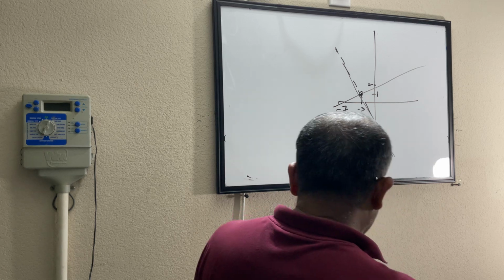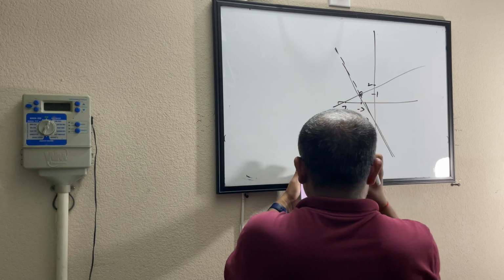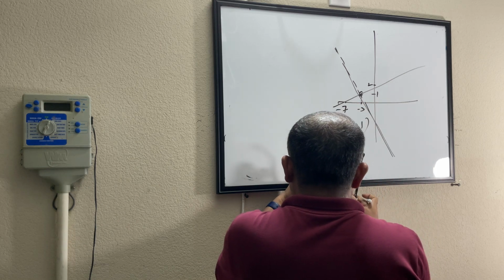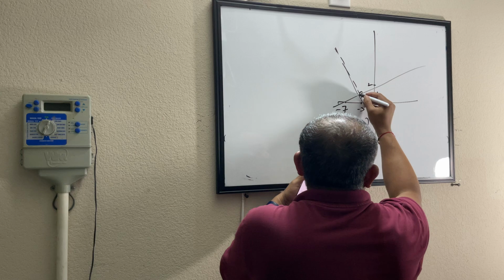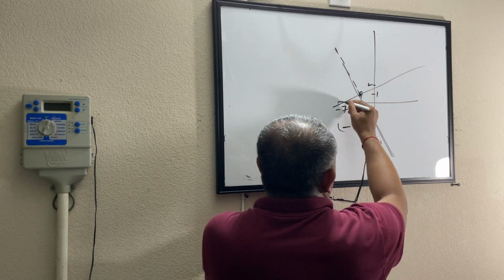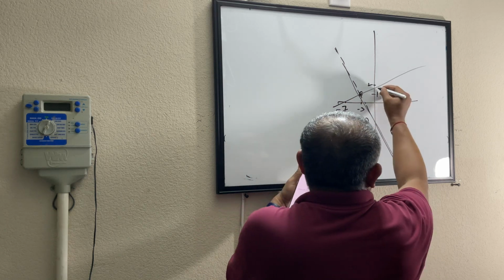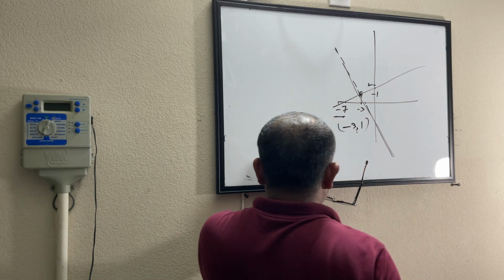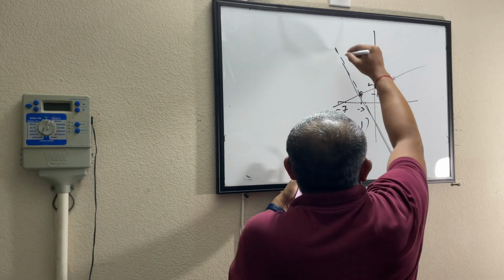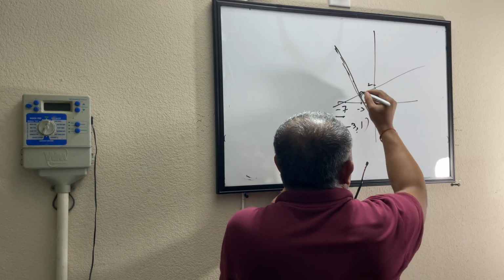So we have this line which is going from this point -3, 1, and it touches the x-axis at -7 and the y-axis at a little below 2, and we have been asked to find out the equation of the line that is perpendicular to this line but passes through the same point.